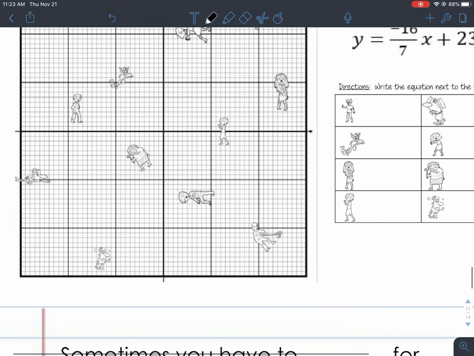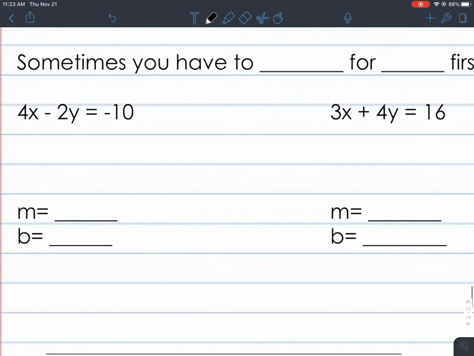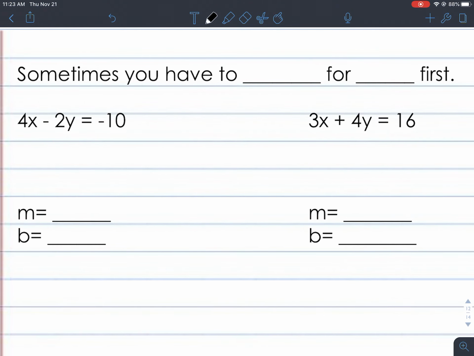Now sometimes when you are trying to isolate your variable and graph, the y is not isolated. So in those times, we actually have to solve for y first. So for this problem here, before we can determine what the slope and the y-intercept are, we have to put it in y equals.